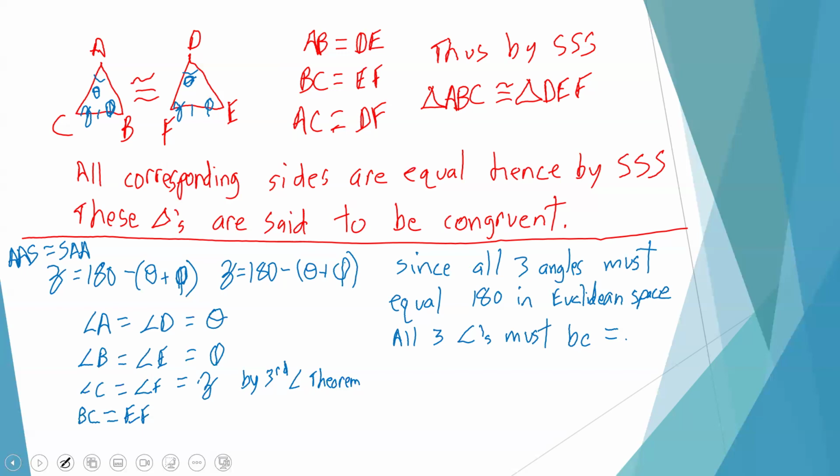Interestingly enough, because we found the other angle, we can say, hence by angle, side, angle, which we had already done above, triangle ABC is congruent with triangle DEF.